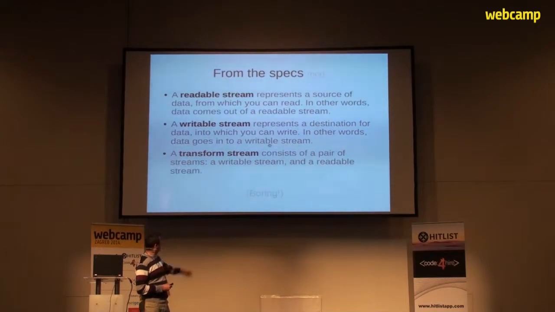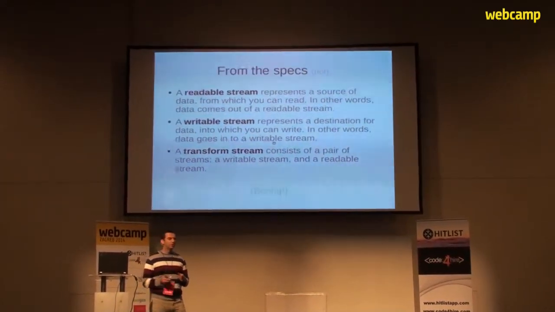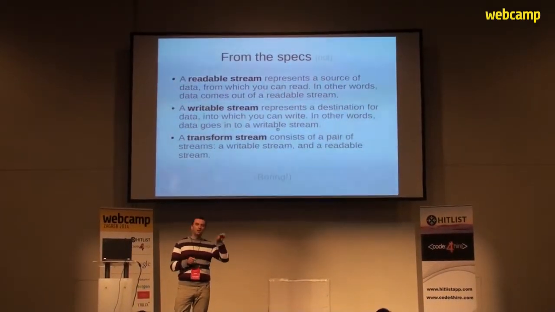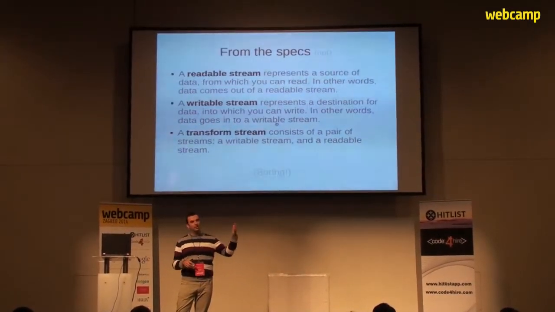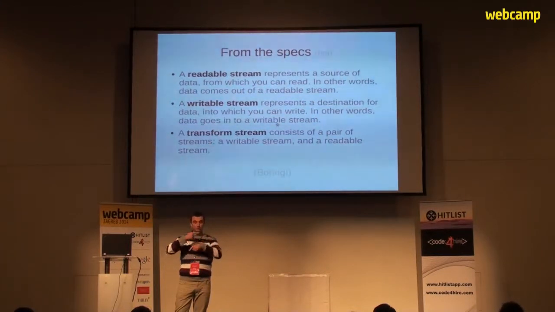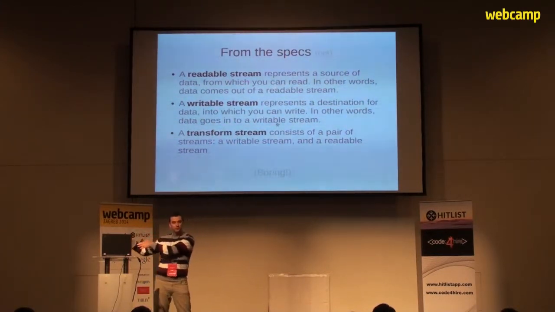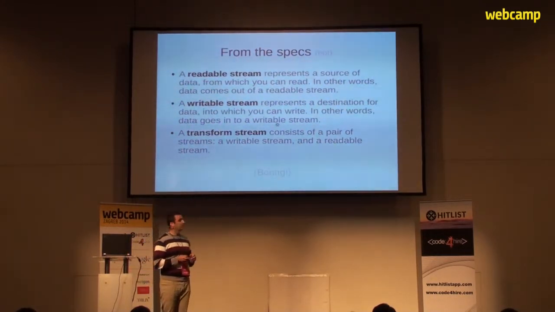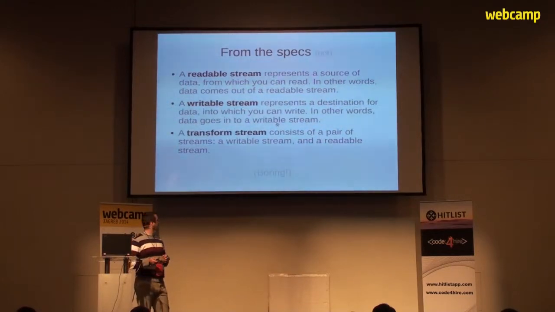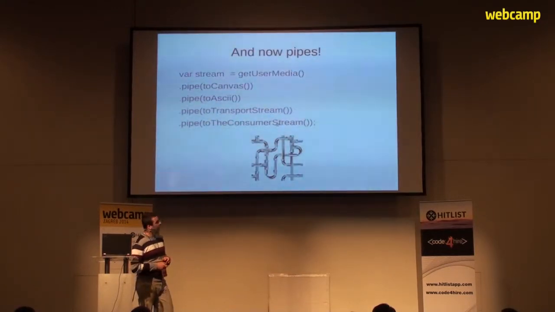And there's a thing called a transform stream, which is basically something that combines a readable and a writable. So data comes in on one side, then you process it, turn it around, and then it goes out changed on the other end. So those pipes, those cool things, that's what's done in a transform stream.